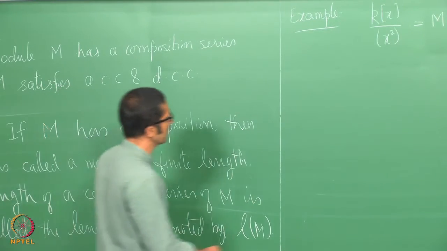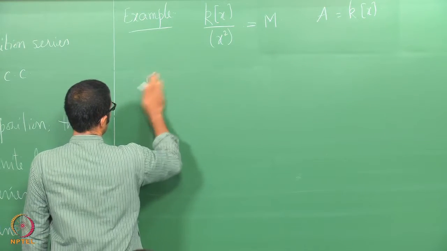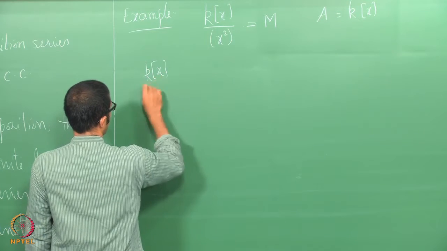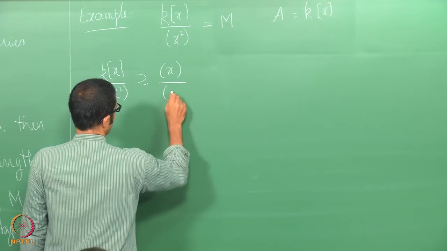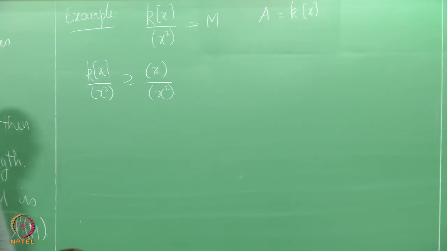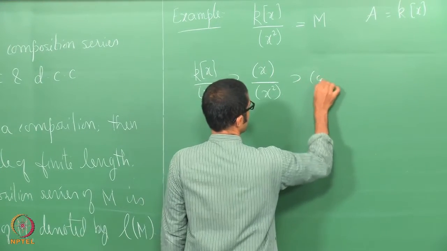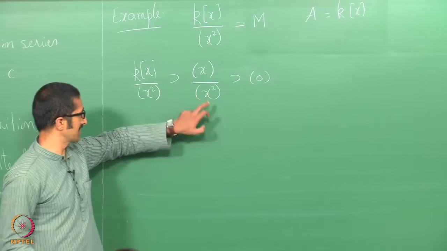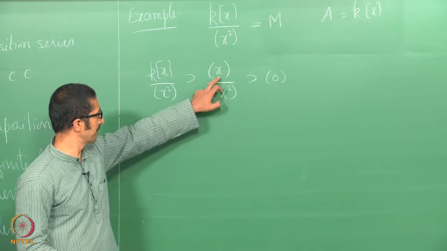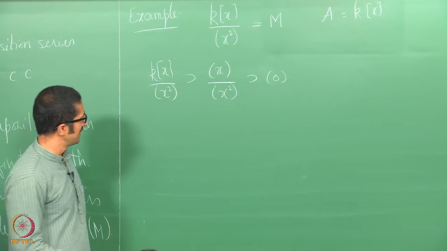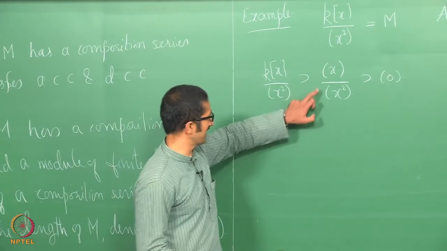Then you have M as kx mod x square, and the ideal generated by x mod x square contains 0. Can you tell me what is the ideal generated by x mod x square?